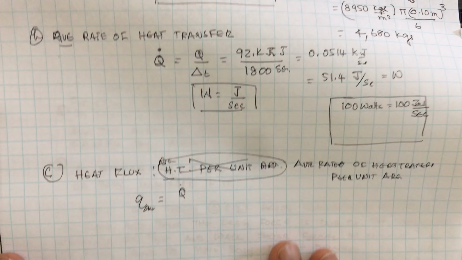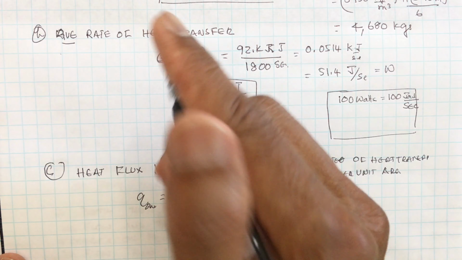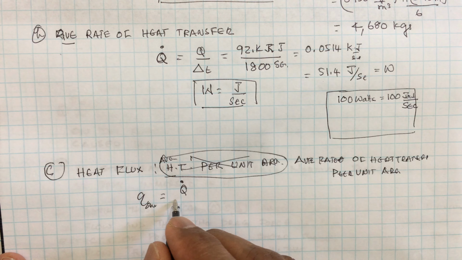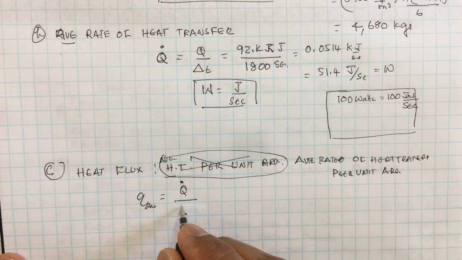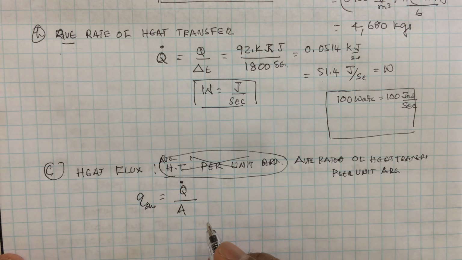I gave you the formula. You already calculated Q dot, the average rate, and that is divided by the surface area of what? The sphere, the copper ball. It is in a sphere shape.